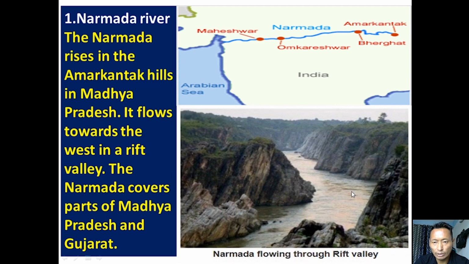This is an example of a rift valley. The Narmada River covers parts of the Indian states of Madhya Pradesh and Gujarat. So the Narmada River flows in two Indian states: one is Madhya Pradesh and another is Gujarat.